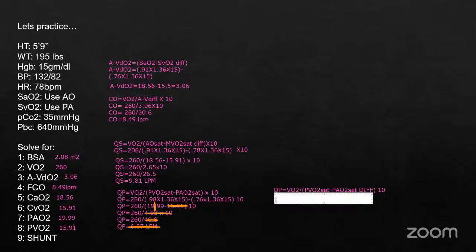So QP equals 260, and then I substitute the values: 0.98, because that is my most oxygenated blood, times 1.36 times 15, minus, another parenthesis, 0.76 times 1.36 times 15, which is my hemoglobin, and all this times 10.